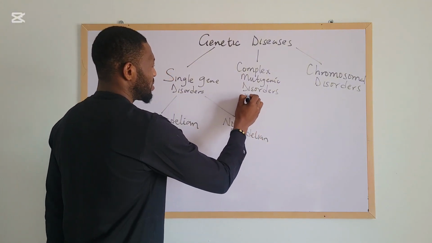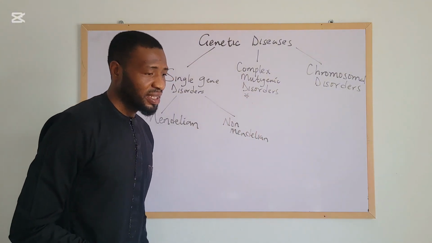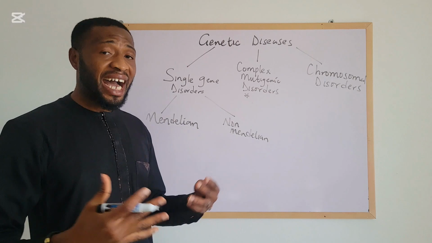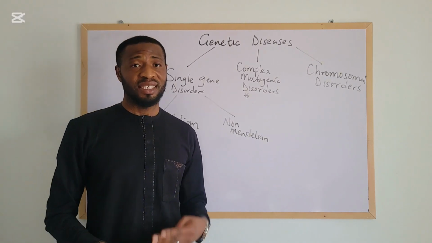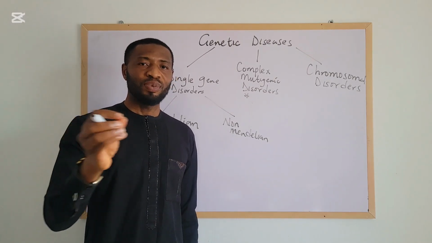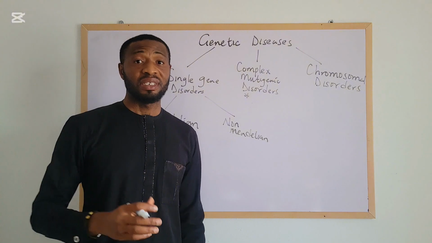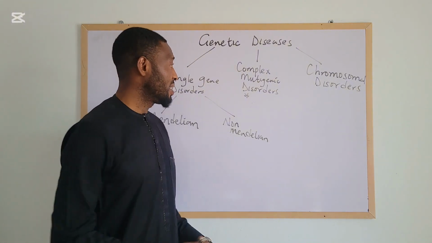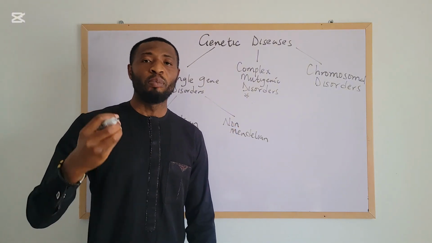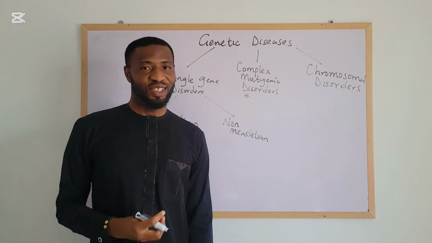Complex multigenic disorders are simply disorders that involve a lot of genes and the environment. Okay, so there's an interplay between multiple genetic portions and of course the environment, and that's why it's called a complex multigenic disorder.